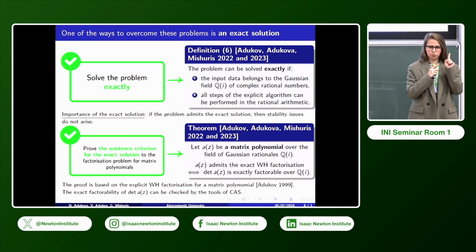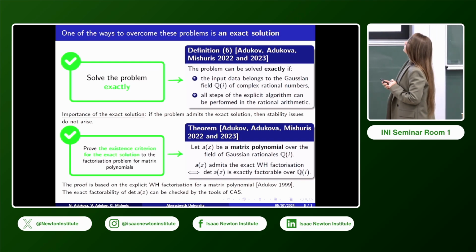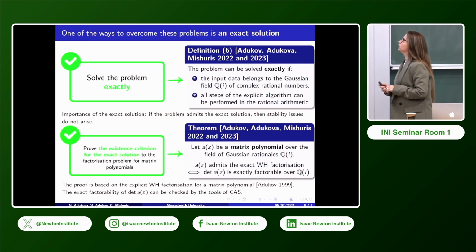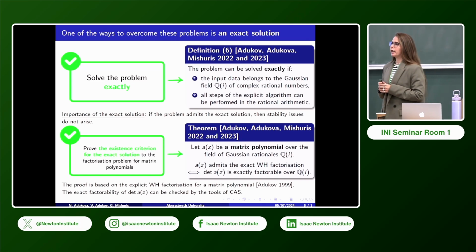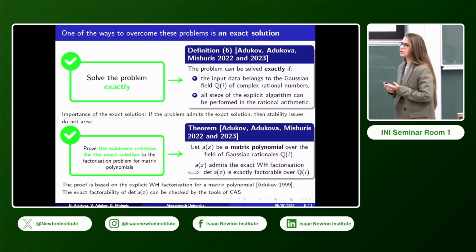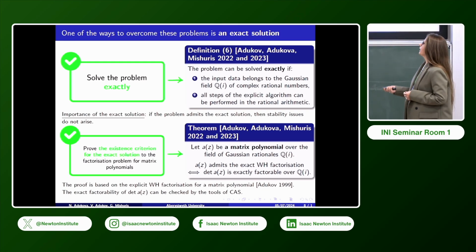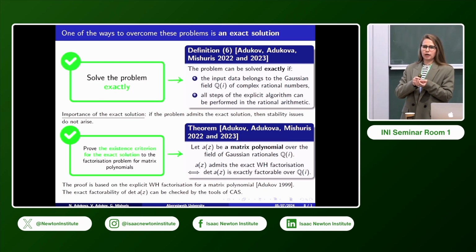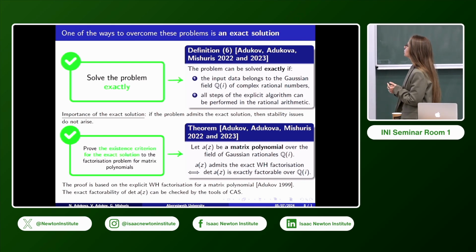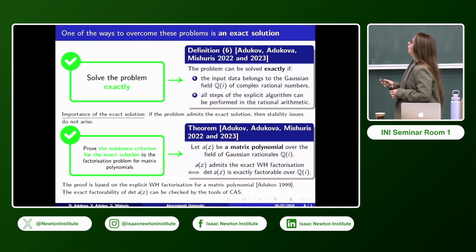So the first problem is solved, but we still have to sort out the instability issue. In order to eliminate this, we will solve the problem exactly, because in this case, the stability question does not arise.